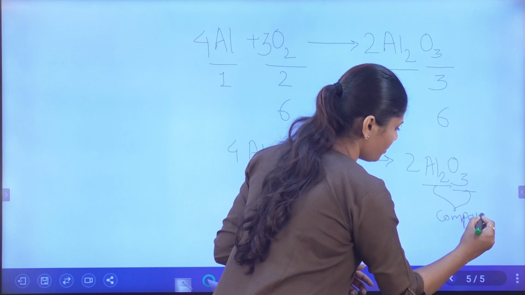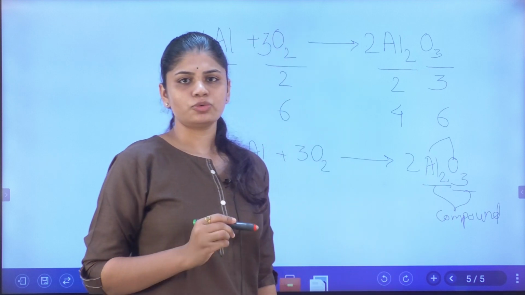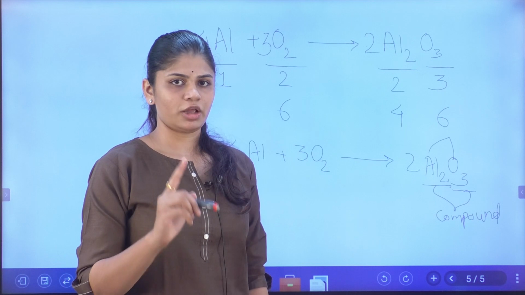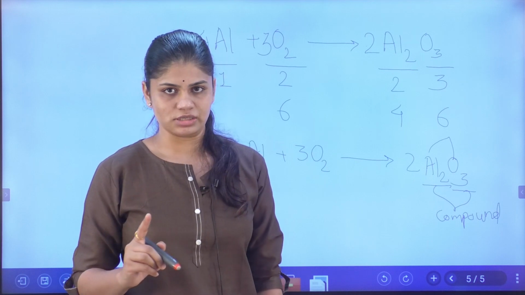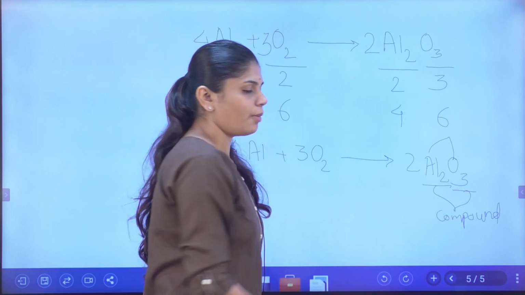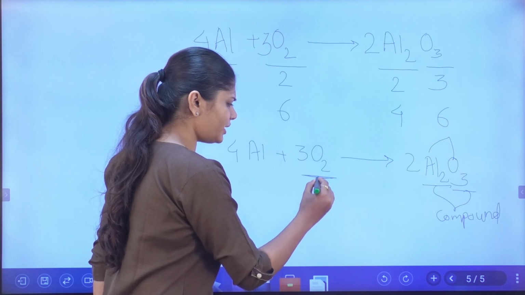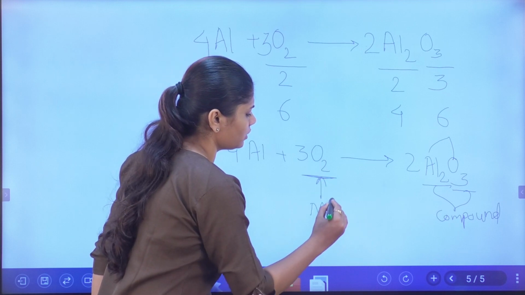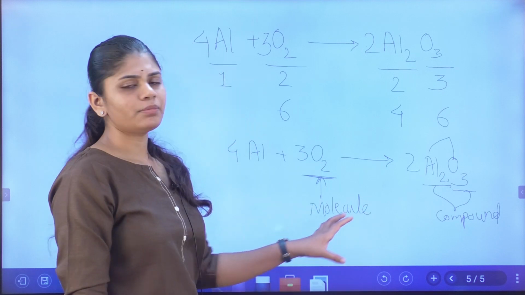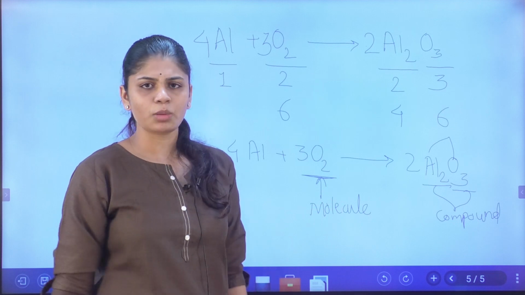Why a compound? Because two different kinds of atoms are present here, aluminum and oxygen. That's why it is called a compound, and here it is simply called a molecule. Why a molecule? Because the same kind of atoms are present here and combine together to form a molecule.